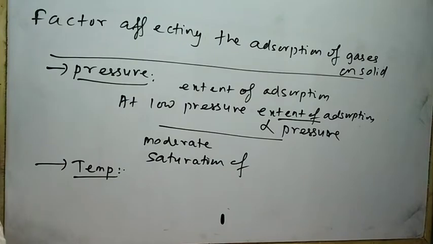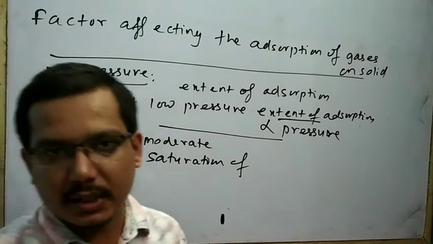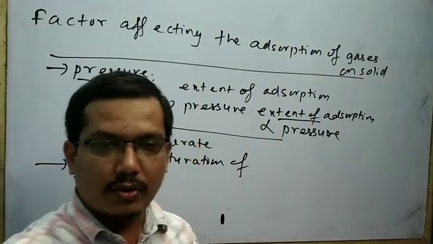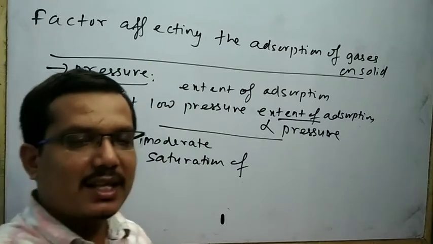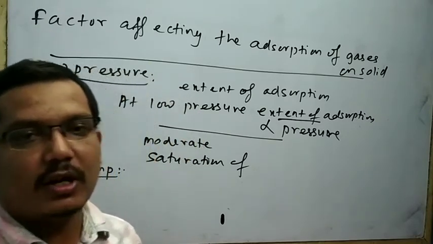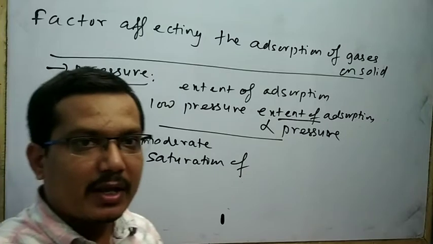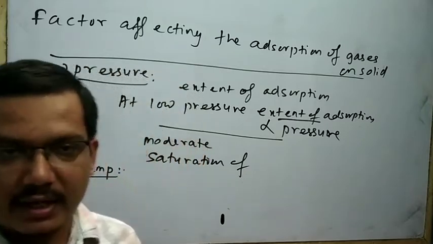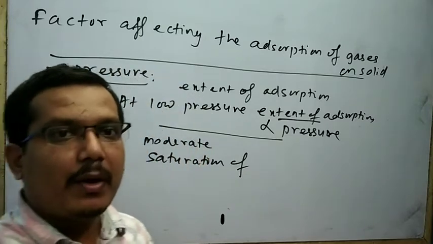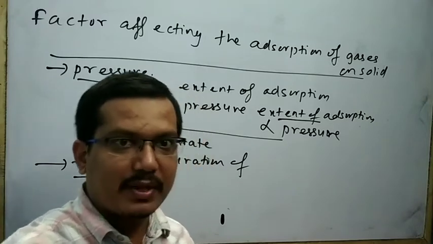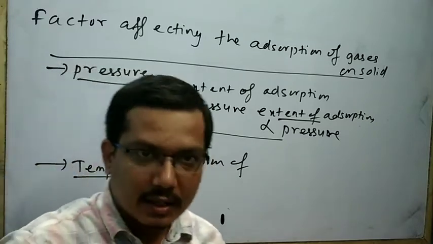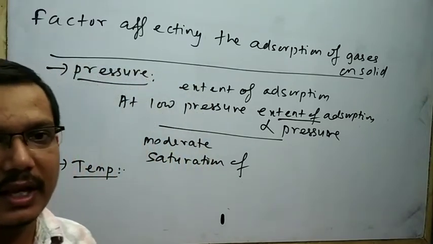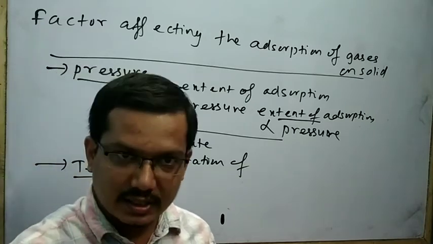After chemical adsorption, there is no necessity of activation energy. So when you increase the temperature, then the chemical bond will break. As a result, if you increase the temperature after the chemical adsorption, then the chemical adsorption decreases.